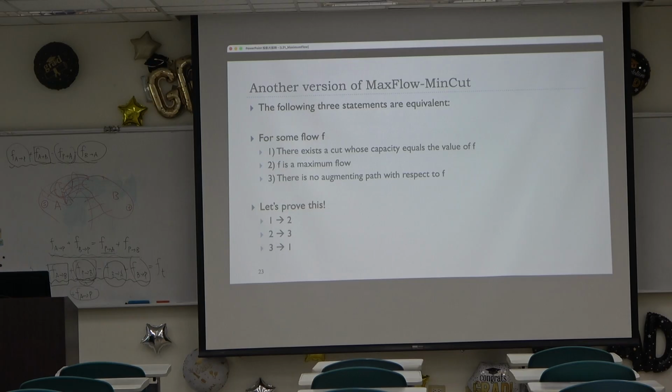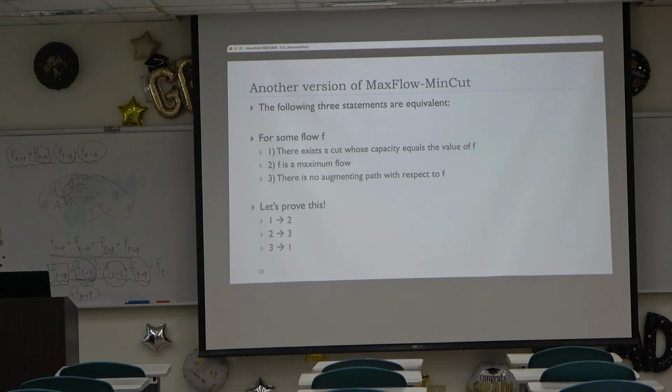So when the capacity equals the flow F, from 1 to 2, F is the maximum flow. Obvious. Why? Because you wouldn't be able to find additional flow to it, because otherwise it's going to be over that capacity, right? Supposedly, the basic idea. Okay, let me prove it.